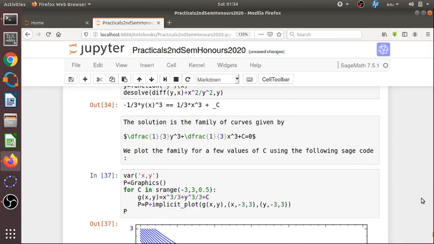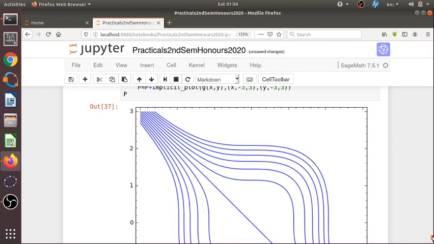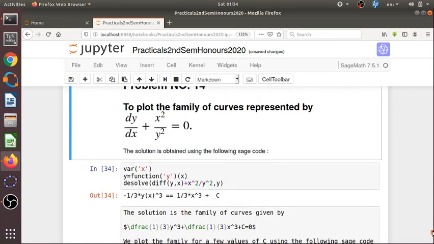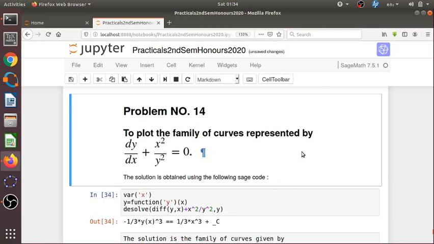The next problem that we will do is this problem. Plot the family of curves represented by dy/dx plus x square by y square equal to 0. By separation of variables you can solve this, and immediately the answer should be y cube by 3 minus x cube by 3, something like that.